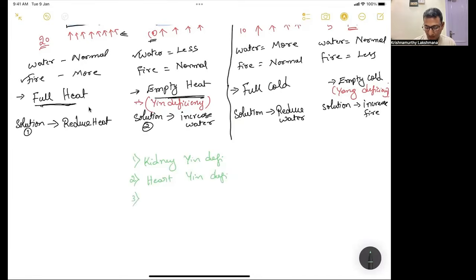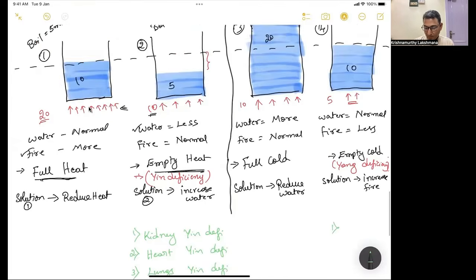If the water content is less in the lungs, we call it lung yin deficiency.